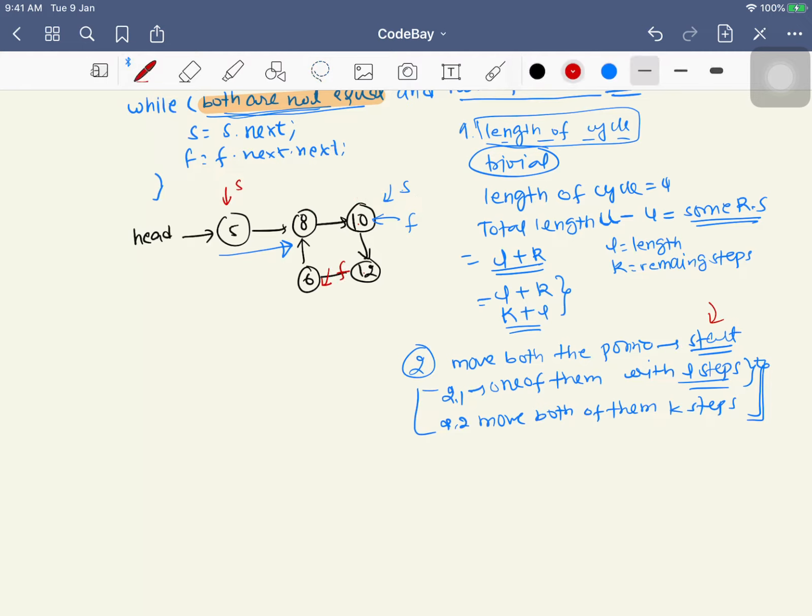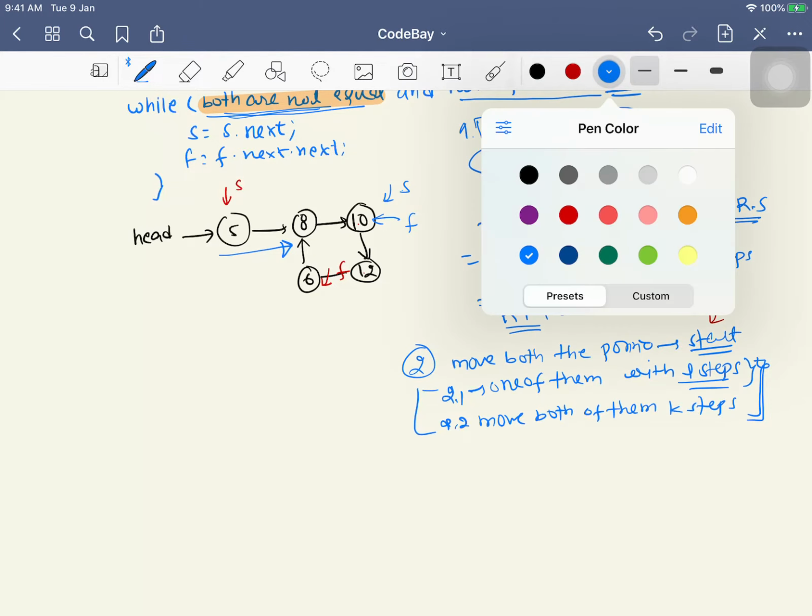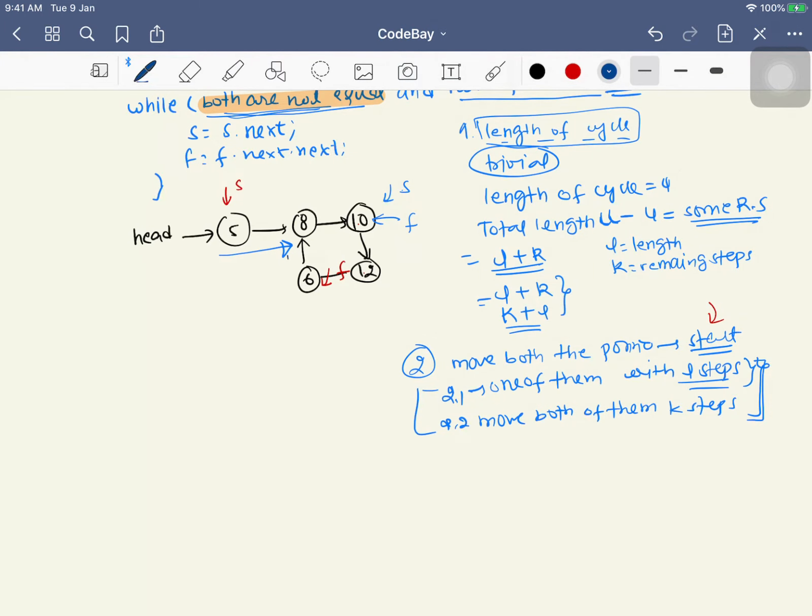Now comes the interesting part. If you observe here, this is K and this is also K, right? How can we say that this remaining part is K? Because we have already taken L steps out of the total length. And how can we say this part is also K? Because the remaining part is the length of the cycle. I hope you are getting my point.